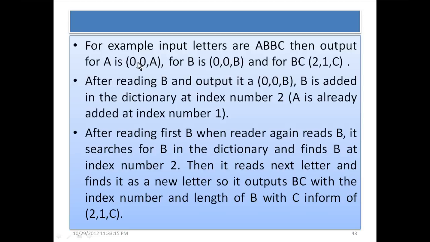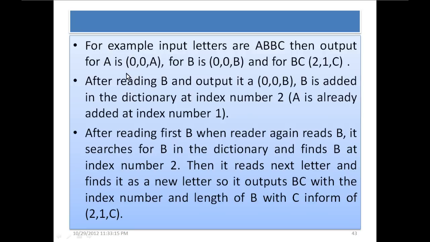Since initially the dictionary is empty, no phrase, no group and no letter is stored in the dictionary. So this number will always be 0 for the first letter which is received.